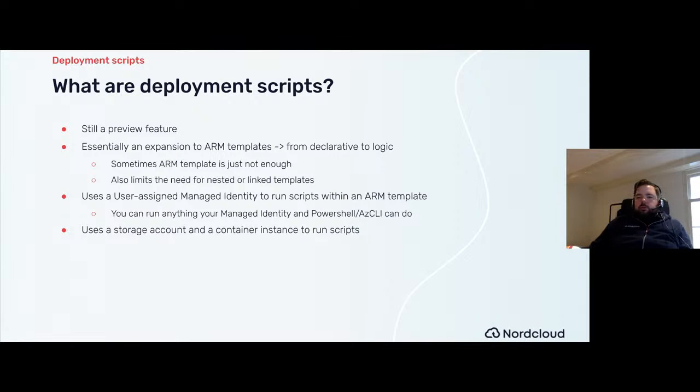So for example, if you want to have conditions, or do something based on a value of another resource or whatever have you, it's been, well, not impossible, but at least annoying enough that you have always been searching for other possibilities to do the same thing outside of ARM templates. So the deployment scripts are meant to be the solution for these kinds of issues. They are just not always enough.